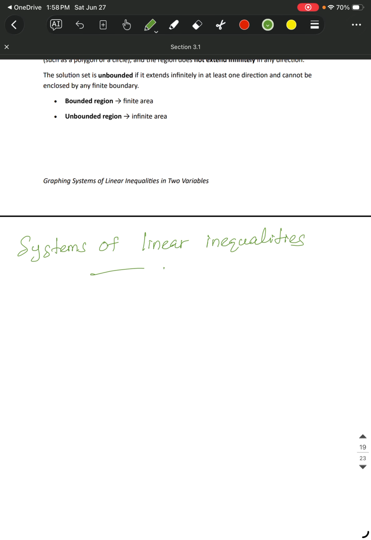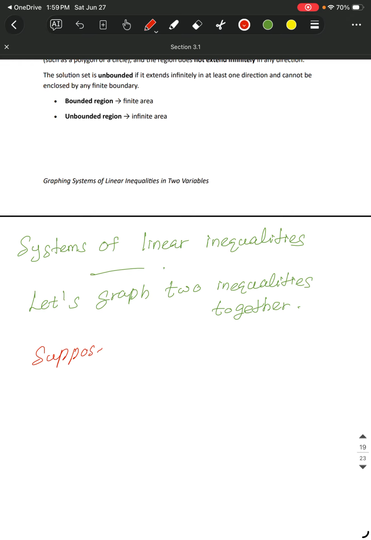Okay, let's graph two inequalities together. Suppose we have y greater than or equal to x and y less than or equal to 4.